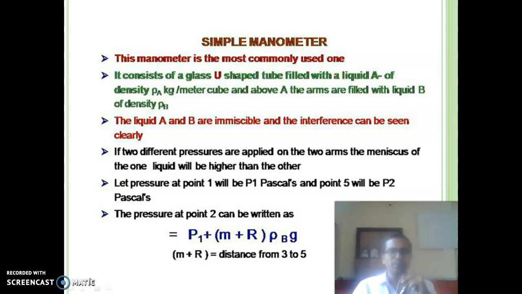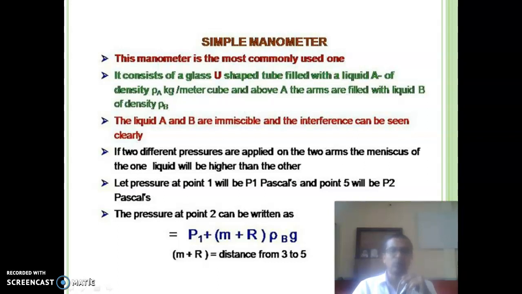If two different pressures are applied on the two arms, the meniscus of one liquid will be higher than the other. This is obvious because the two liquids are immiscible with each other, so when we apply different pressure on those liquids we can observe the meniscus changes.